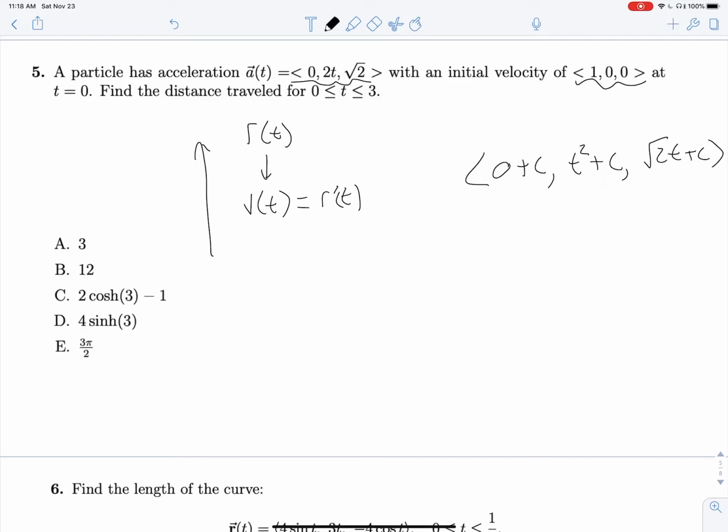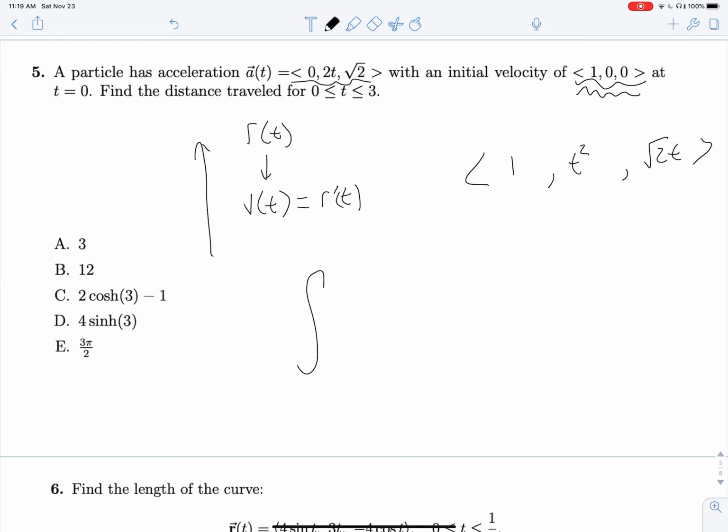And then we have to match up these c's with our initial value here. So we know that we want our x component to be 1, so c has to be equal to 1, so this whole component is 1. And then both of our other ones we need to be 0 for t equal to 0, so both of these c's are 0. So there's our velocity expression, and now all we have to do is do the rest pretty normally.